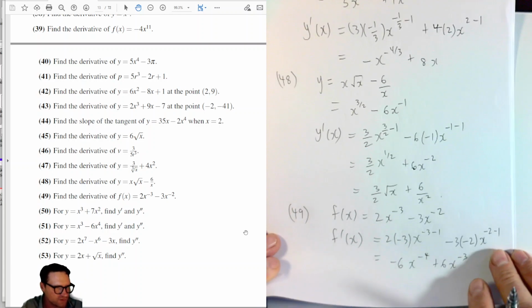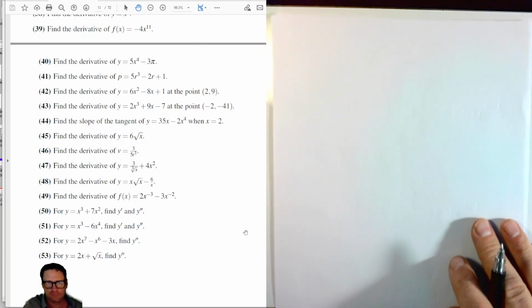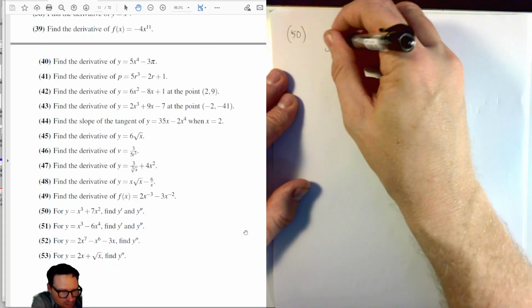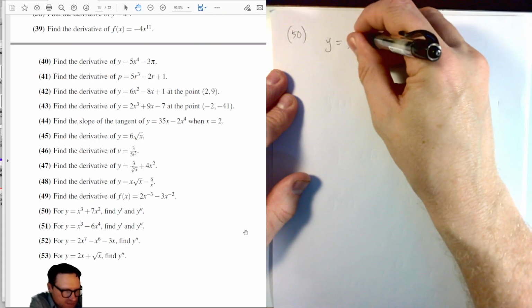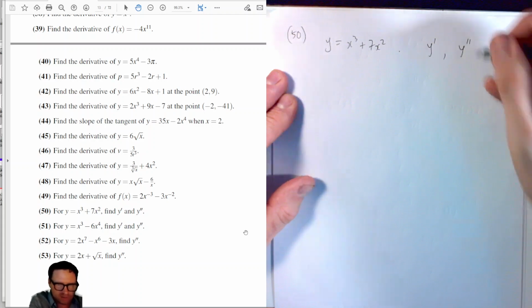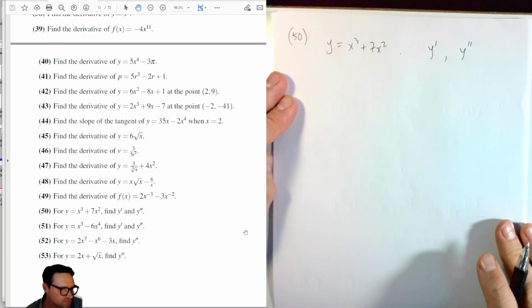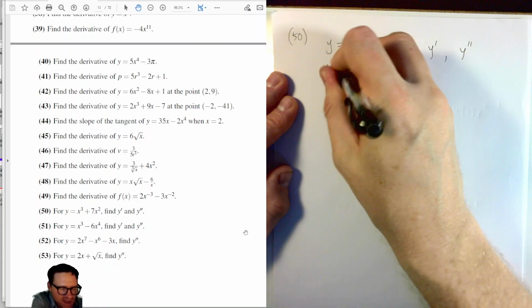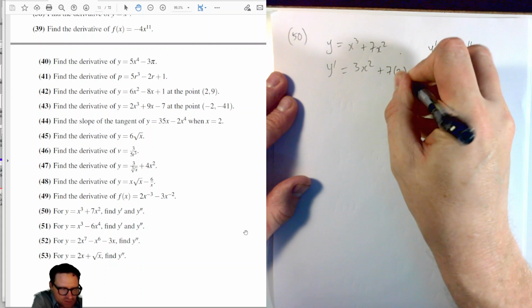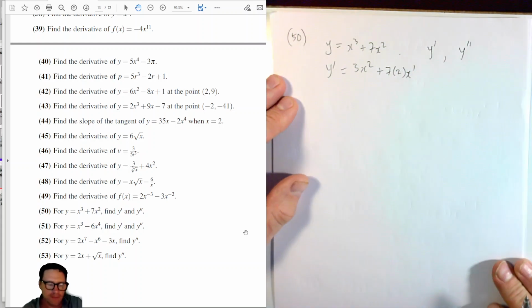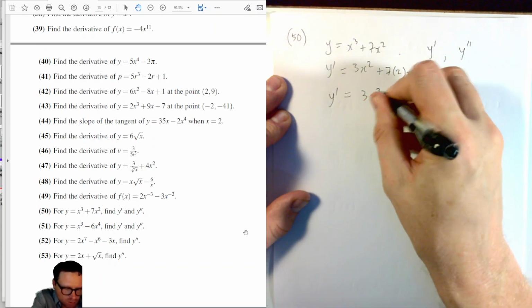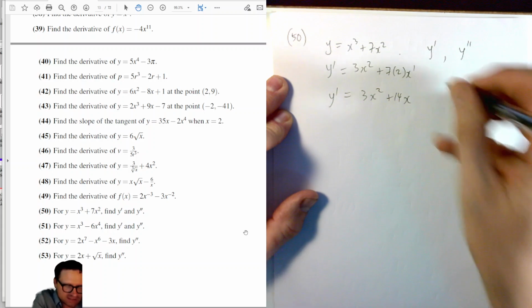Okay, question 50. We've got y equals x cubed plus 7x squared, and we've got to calculate y dash and y double dash. Okay, y dash equals 3x squared plus 7 times 2 x to the power of 1, which is y dash equals 3x squared plus 14x.